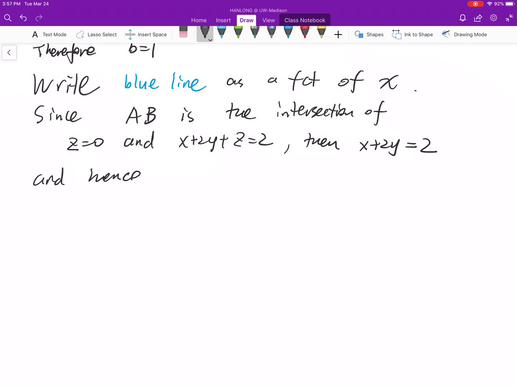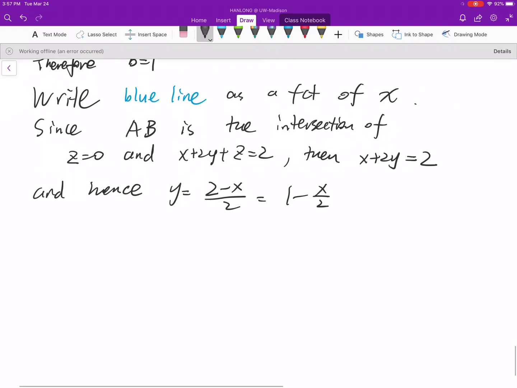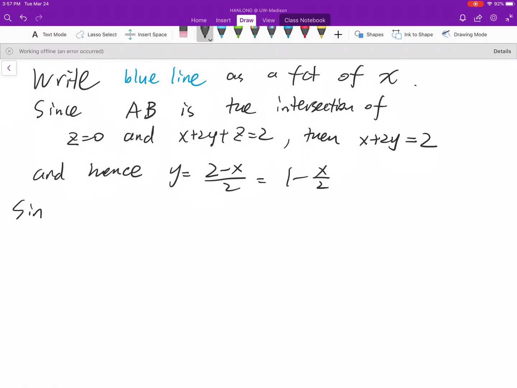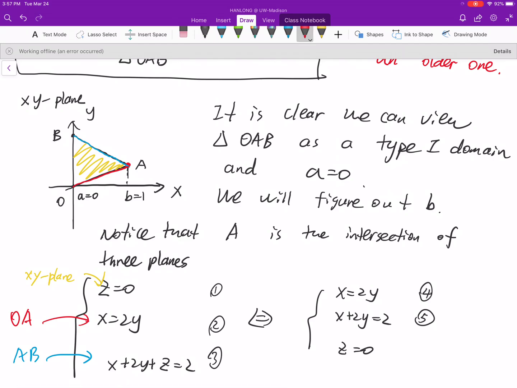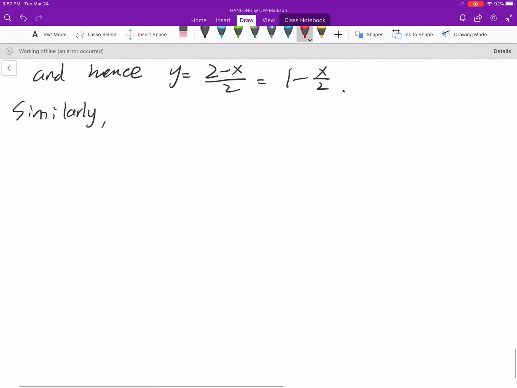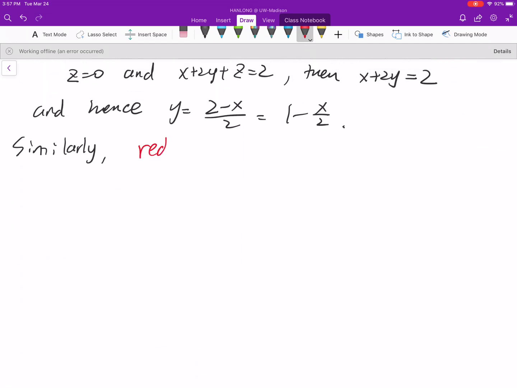Hence y is (2 minus x) over 2, which is 1 minus x over 2. And similarly, the red line is given by y equals x over 2.